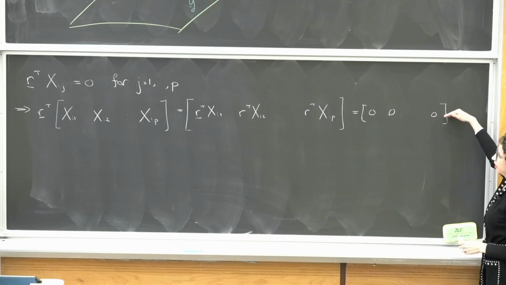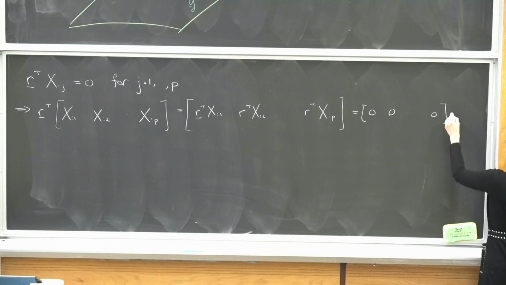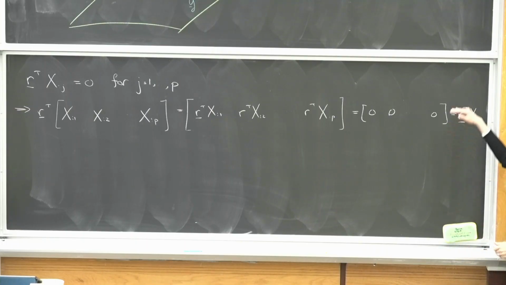So going back to the previous board, this is like saying R transpose X. The first line says that each individual vector of features has to be orthogonal to R. And then I just concatenated all of it to get one much simpler expression.